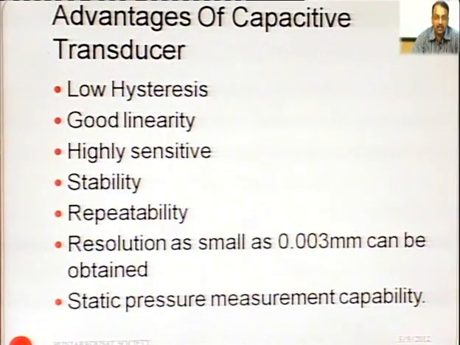Advantages of the capacitive transducer: they have low hysteresis, good linearity, high sensitivity, stability, repeatability, and resolution as small as 0.003 mm can be obtained, and static pressure measurement capability.